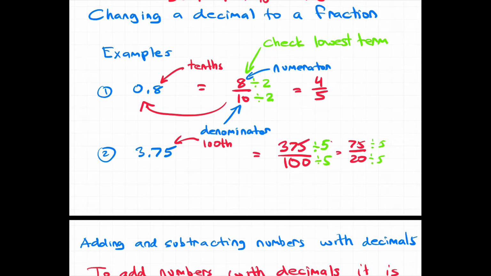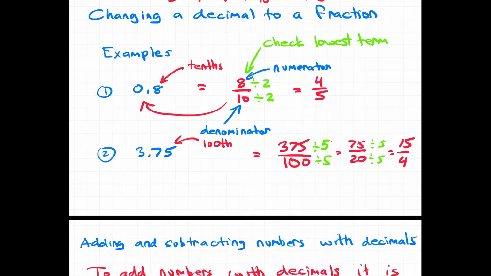So I probably could have divided 25 into the original one, but it's hard to see that. It's harder to see those larger numbers that divide in, and sometimes it may take you more steps, but the goal is to get to the lowest terms in the end. So 75 divided by 5 is 15, and 20 divided by 5 is 4, and that is in lowest terms.